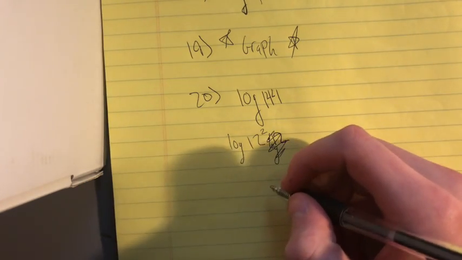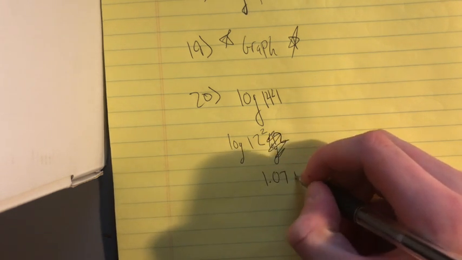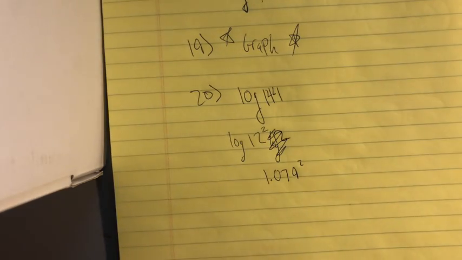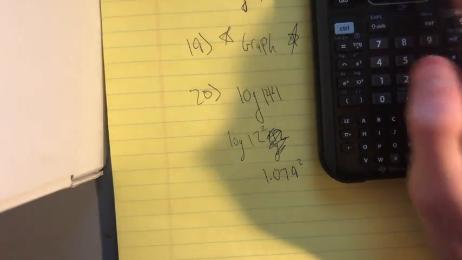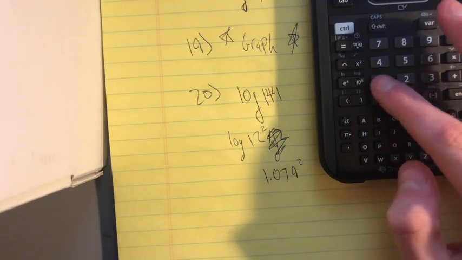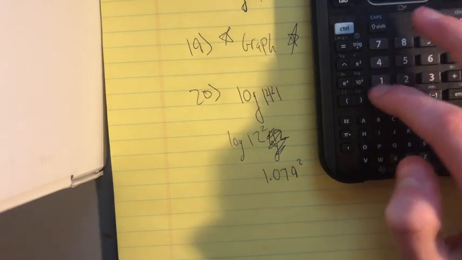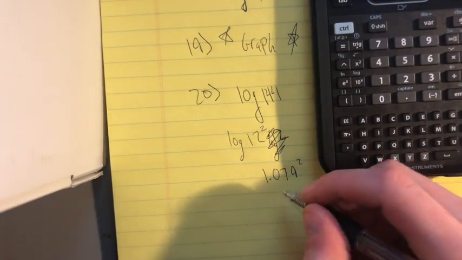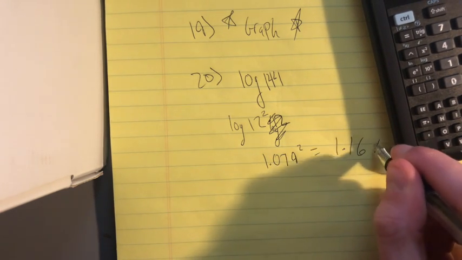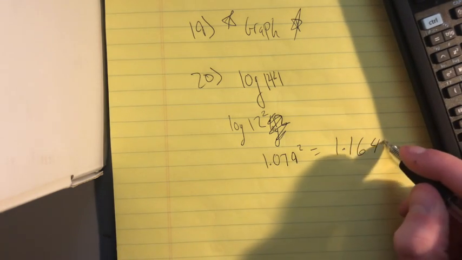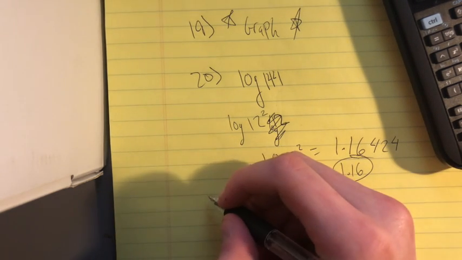So it would be 1.079 to the second power, which I believe, calculate that, equals 1.16424. So your final answer is 1.16 for that, I guess.